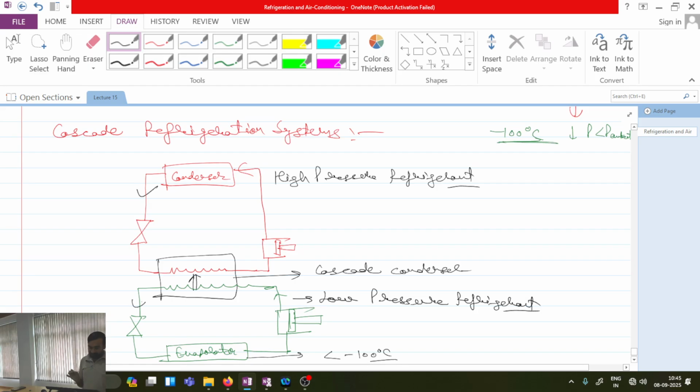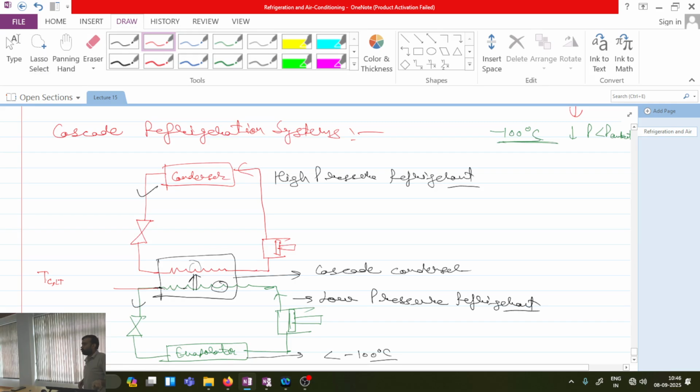Now, one important thing you have to note down: the temperature of this working fluid has to be greater than the temperature of this top working fluid. Is this point clear? Let me repeat it again. If this is the condenser, this is nothing but TCLT.